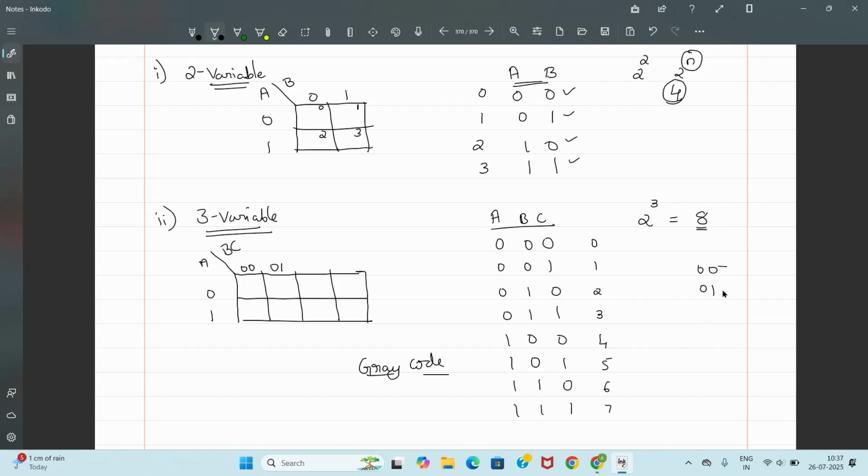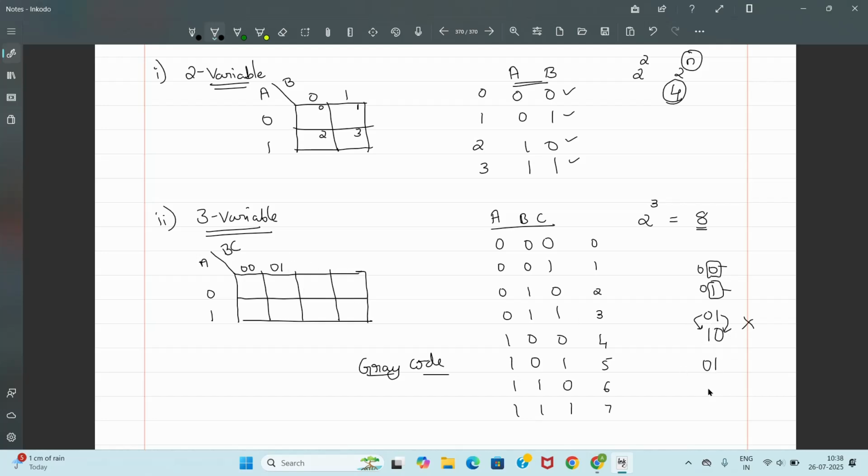When I'm going from 0, 0 to 0, 1, there is a change happening in only the least significant position. Next, after 0, 1, it is supposed to be 1, 0. But if I write this, you can see there is a change happening in two positions. One is changing to 0 and this 0 is changing to 1. This is not allowed in gray code, so I cannot follow this while writing the K-map.